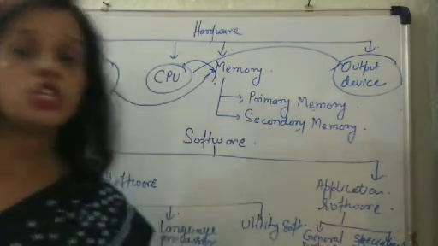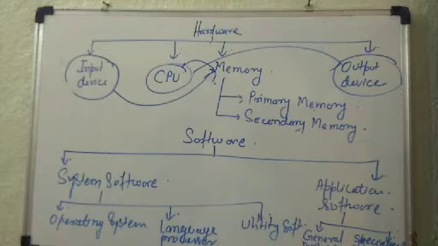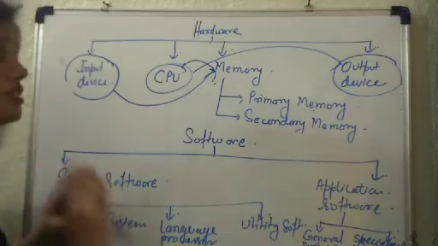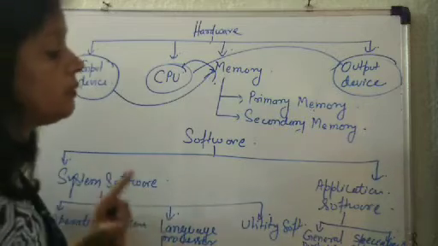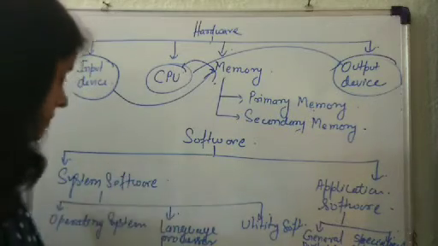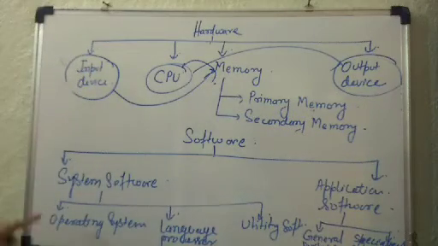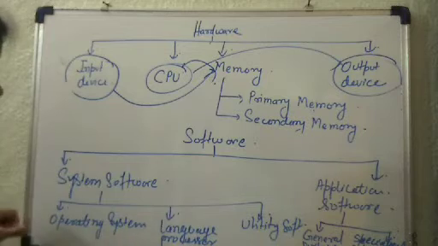In software, I mentioned two things: software provides the functionalities to the hardware, and it is developed to do specific work. Now, the system software, operating system.